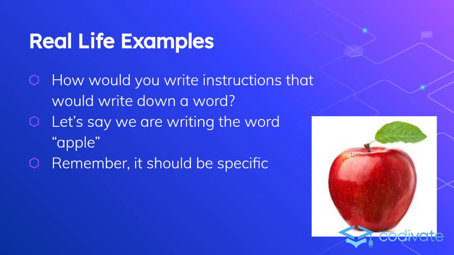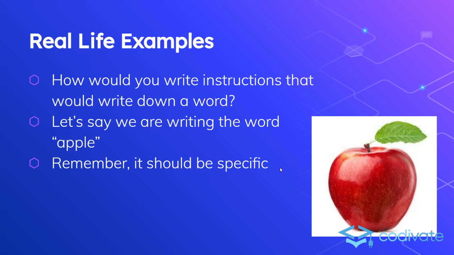Another example is this. How would you write instructions that would write down a word? So let's say we're writing the word apple. Remember, something specific enough that everyone would do it the same way and get the same thing. And it needs to have a list of steps to do in order.